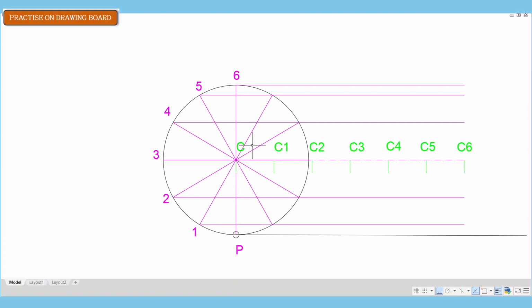Okay, so for us to be able to draw the cycloid in place, we have to take the distance CP, and CP in this case is the radius of the rolling circle, which is 25 millimeters. So you take that with your compass, and then we first will use C1 as center.